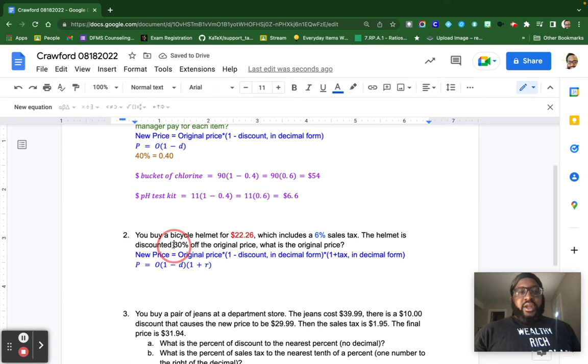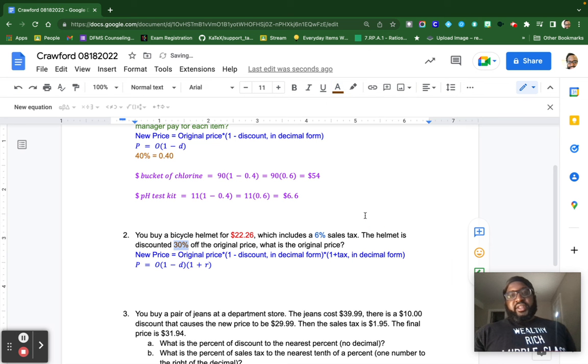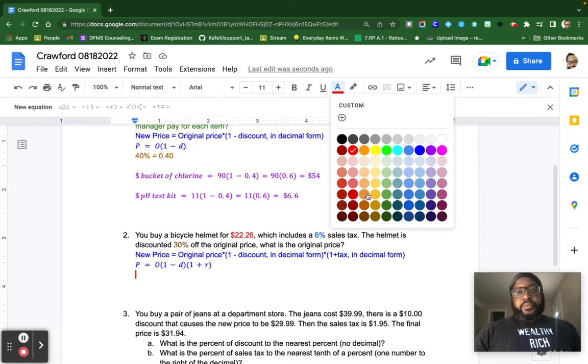And then finally, I'm going to mark the discount in another color. Let's say super dark orange. And this is what I'm going to do. The price is a price. It's in decimal form, so I don't need to do anything. And that's the goal of this type of problem: keep everything as a decimal.